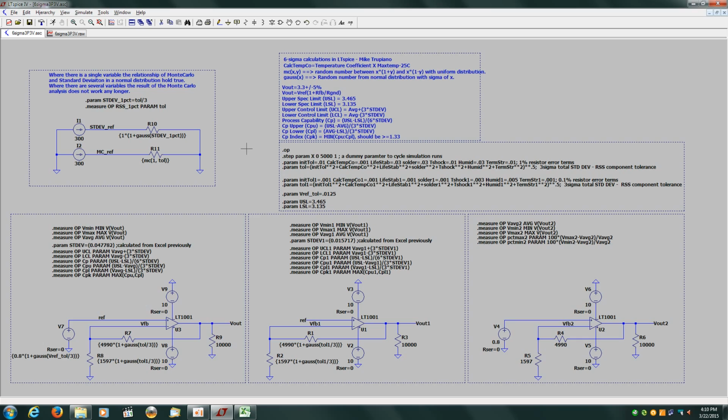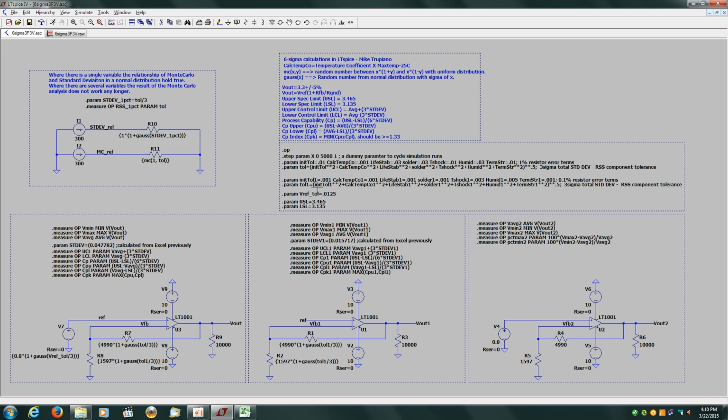And the circuit I'm going to simulate might be that of a voltage regulator with a 3.3 volt output and an accuracy of plus and minus 5%, as I've noted right there.